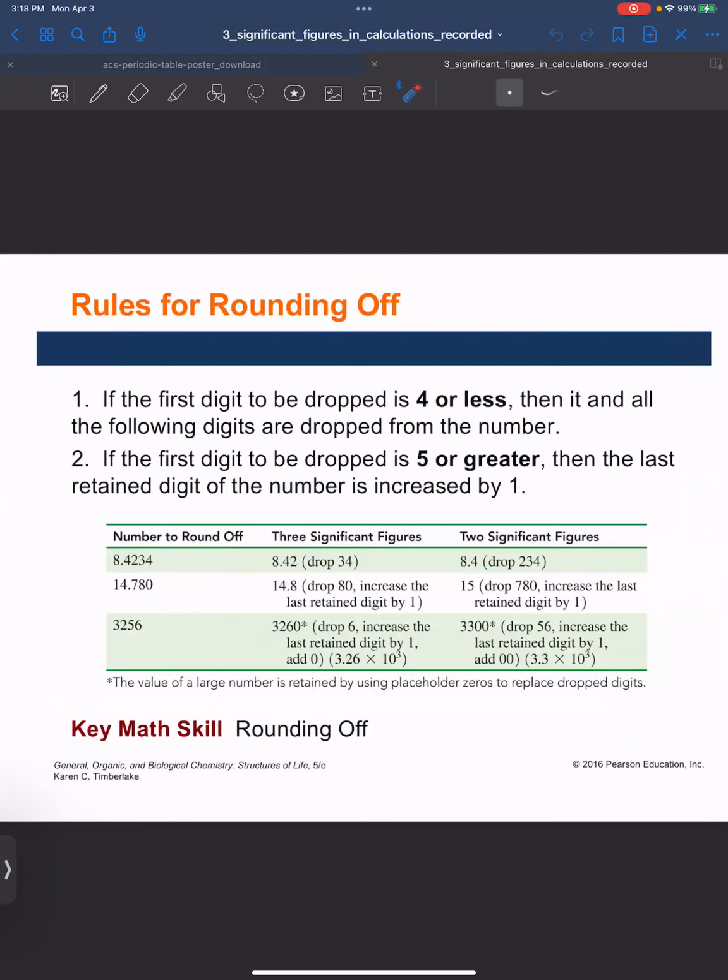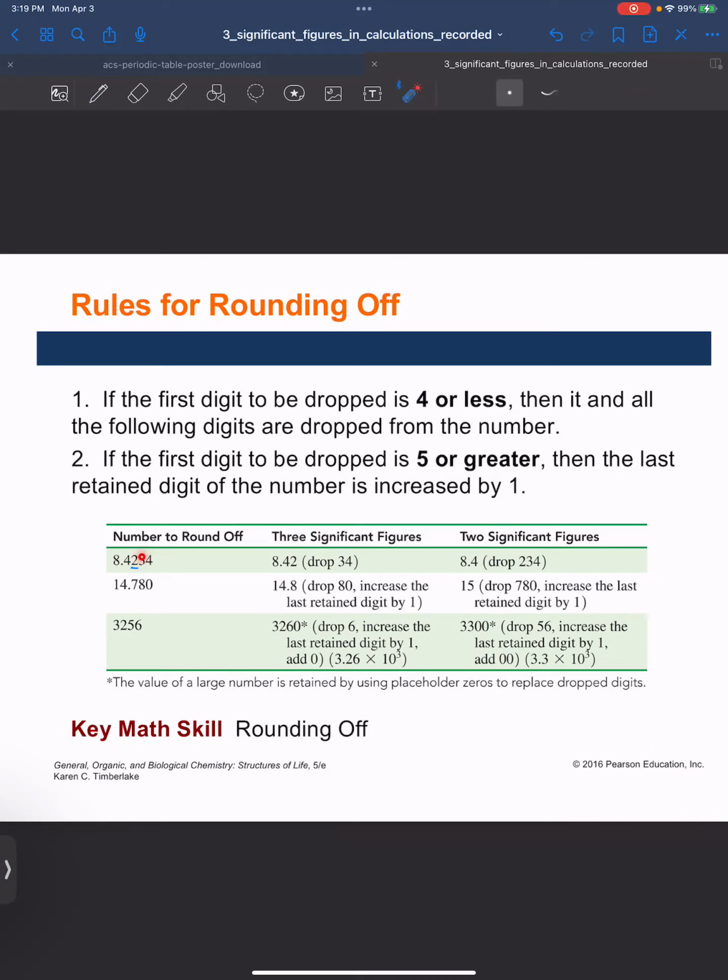Rules for rounding off. If the first digit to be dropped is 4 or less, then it and all the following digits are dropped from that number. So for example, if the calculator gave us 8.4234 as the answer, and we needed to round it to 3 significant figures, then I like to underline the third significant figure and see what's next to it.